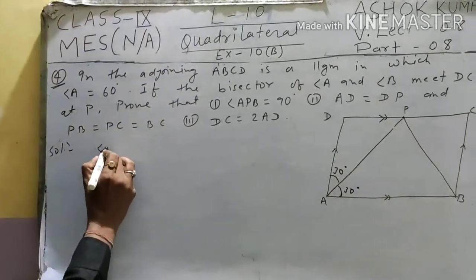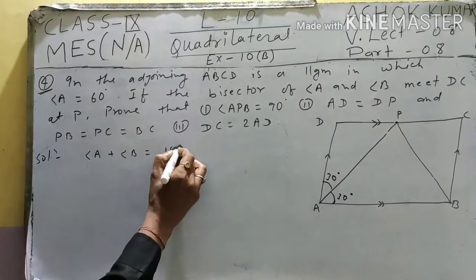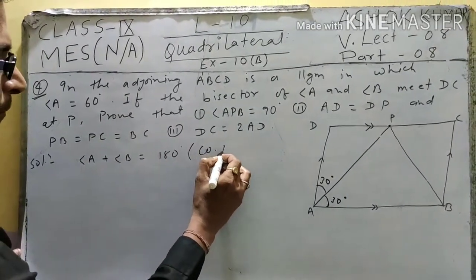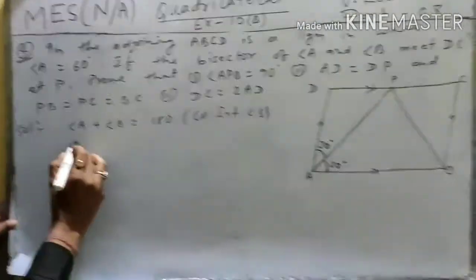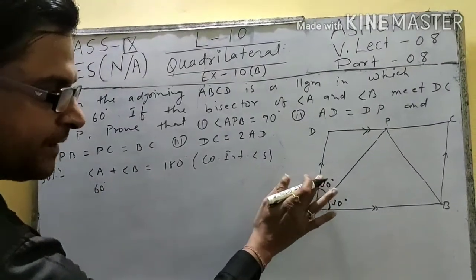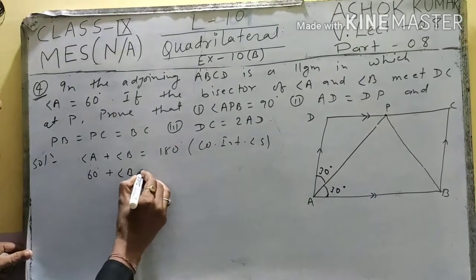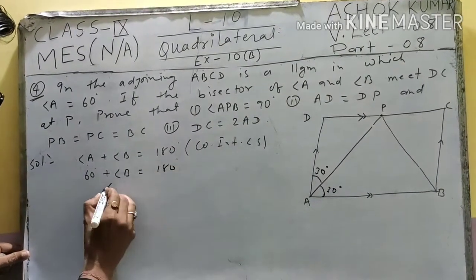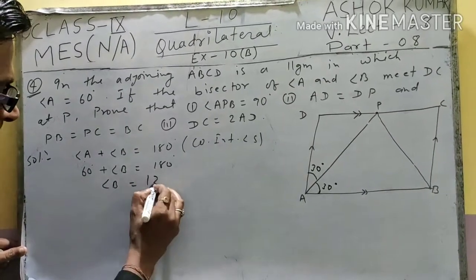Okay. So we know that angle A plus angle B is equal to 180 degree by co-interior angles. Here angle A is 60 degree. The bisector is 30 degree, but the complete angle A is 60 degree, plus angle B is equal to 180 degree. So here angle B is equal to 120 degree.